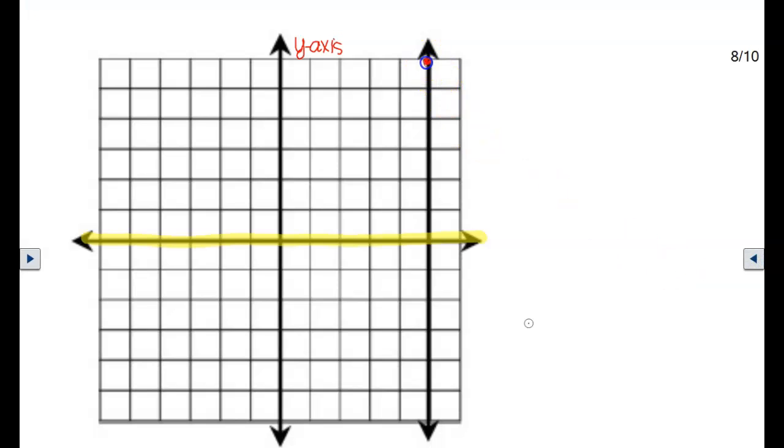So if I choose this point on my vertical line, it goes back to this spot on the x-axis. If I choose this point, it goes back to the same spot. This point, same spot. This point, same spot. And if I move down here, trace back to the x-axis, I'm going up to the same spot.